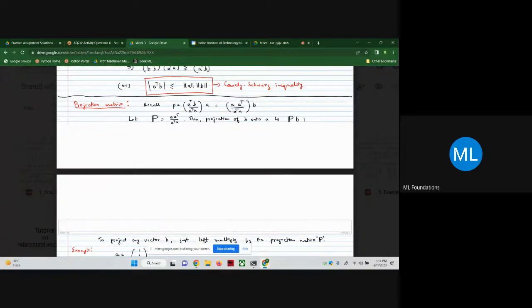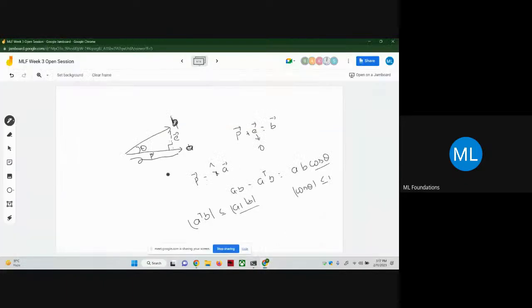Is this clear? It's like I have this vector a, and for this particular vector I find the projection matrix P, which is nothing but a a transpose divided by a transpose a. So if I know this, I can find the projection of any vector onto a.